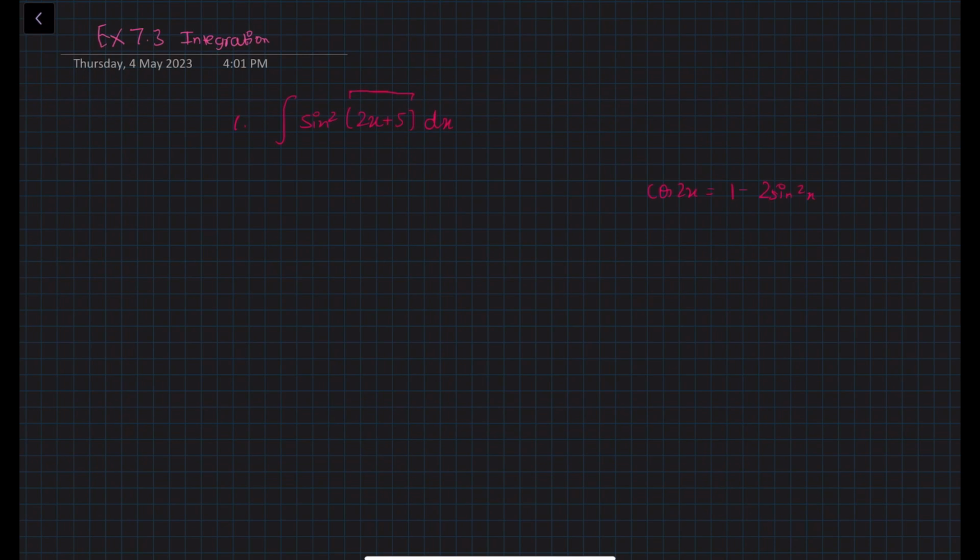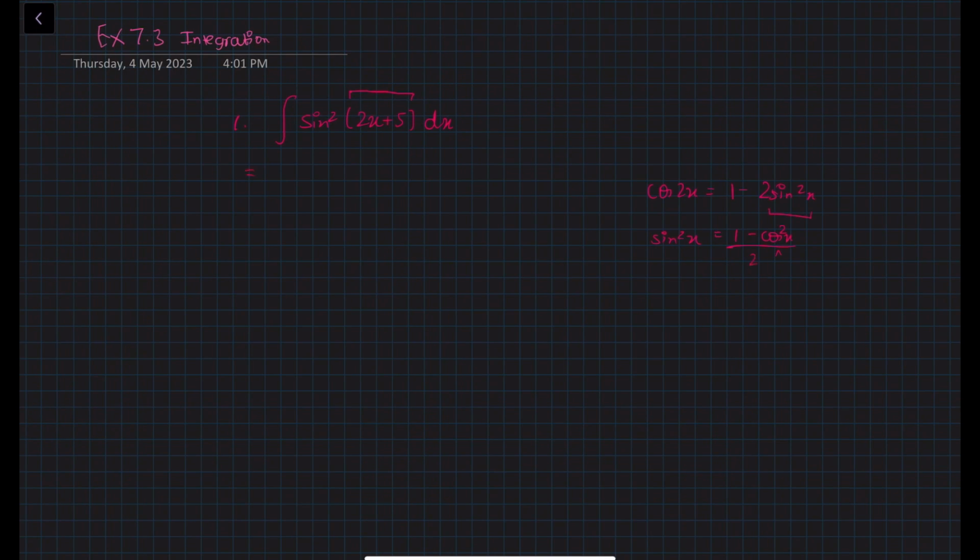because we see that here we have sine squared something, and here we have sine squared something. So just redistributing, sine squared x is of course equal to 1 minus cosine of 2x over 2.